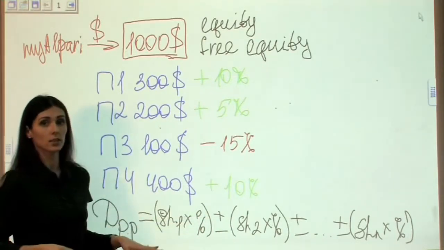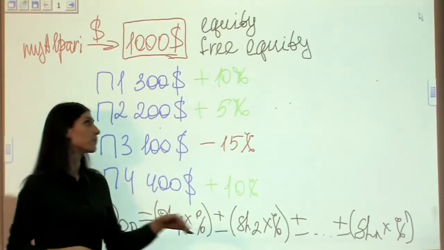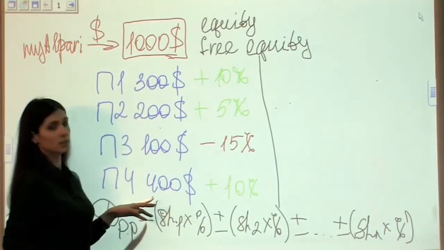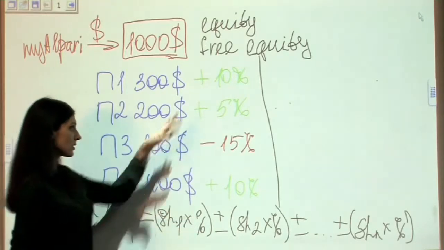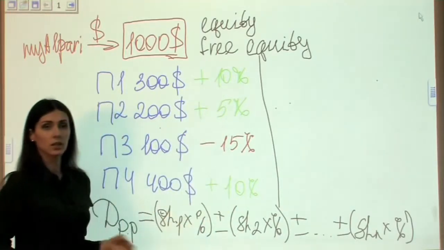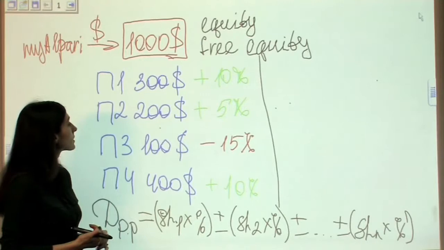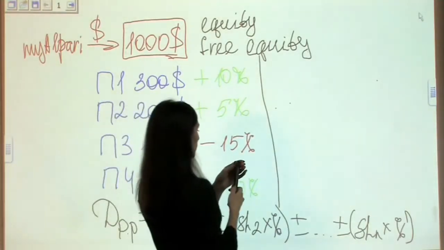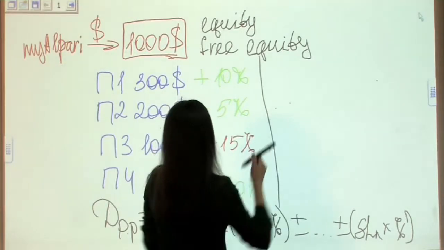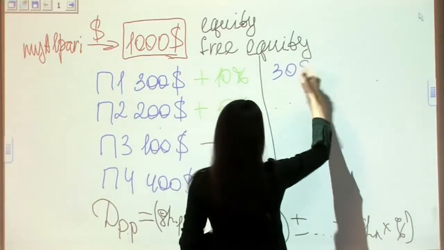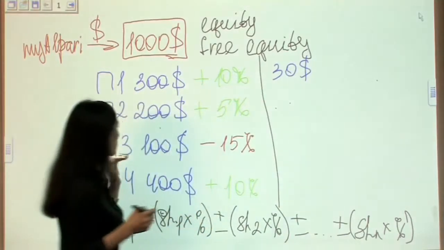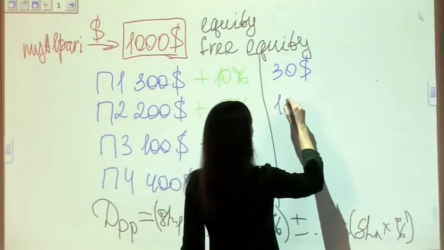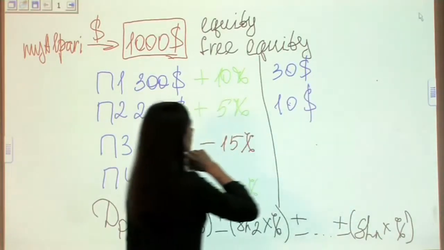Now let's count it up with this formula. This is the share inside each PAMM account, and this is the percentage. And here we have $300 multiplied by 10%. It's equal to $30. The second PAMM account brings about $10 to the PAMM portfolio profit.